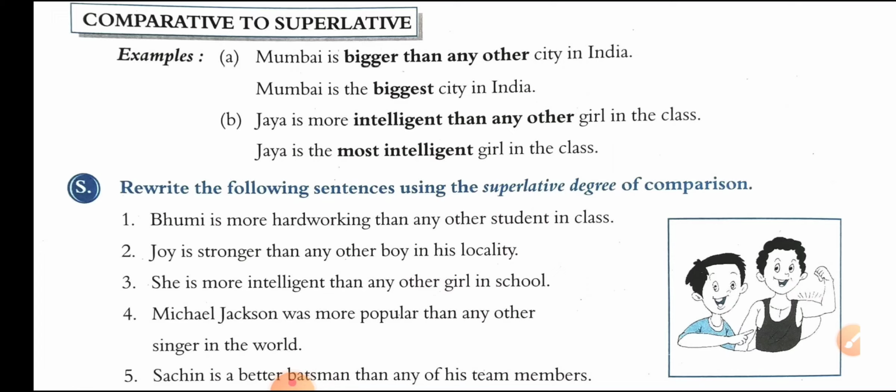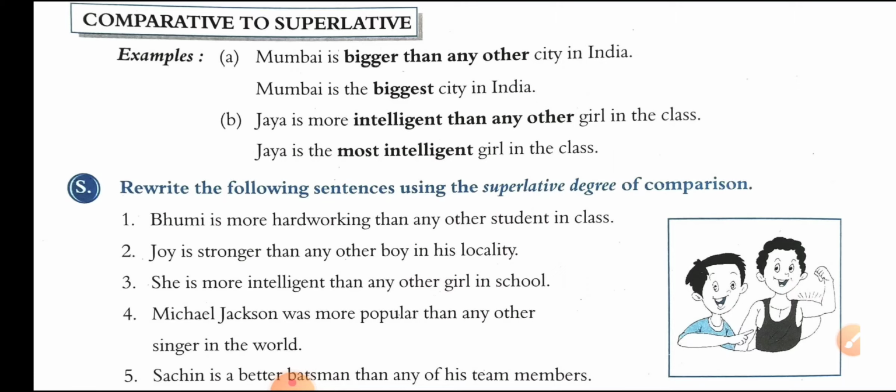It is the easiest one, I have told you also in the explanation video. So see the first one, what you have to do. First question given to you is, Bhumi is more hardworking than any other student in the class, right?